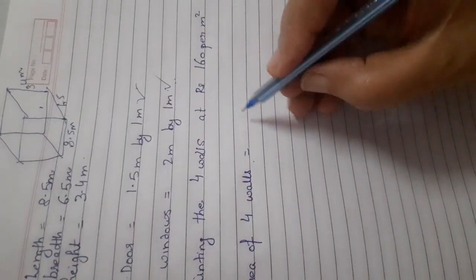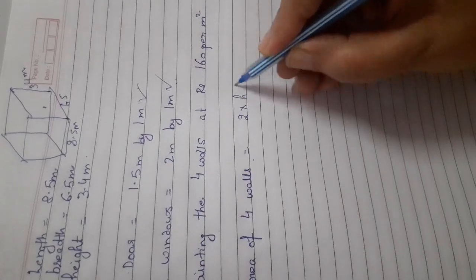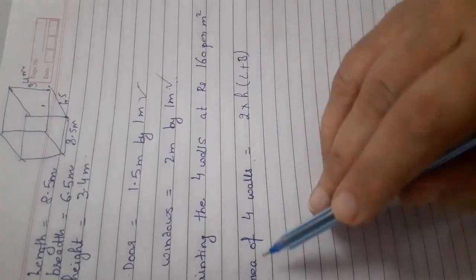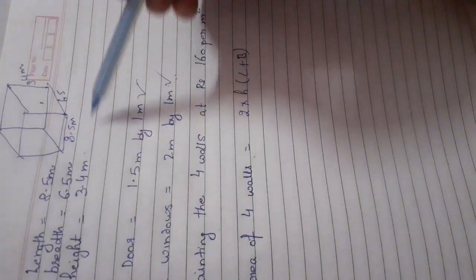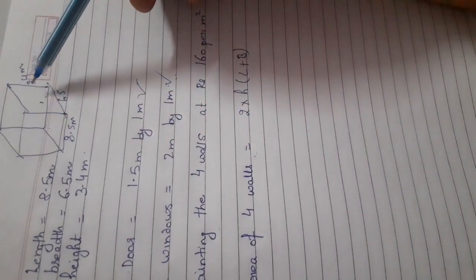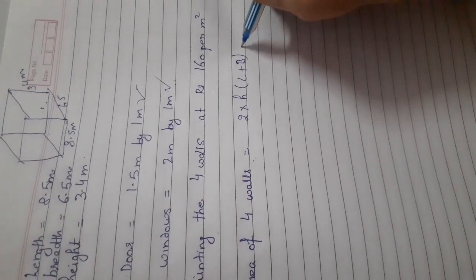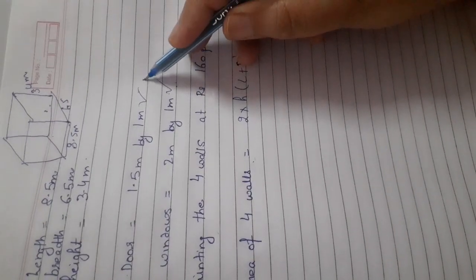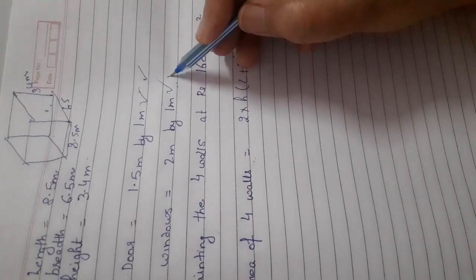I know the formula: 2 into height into length plus breadth. This gives the area of all 4 walls, but the windows and doors I don't have to paint, so from this area I will subtract the area of the doors and the 2 windows.